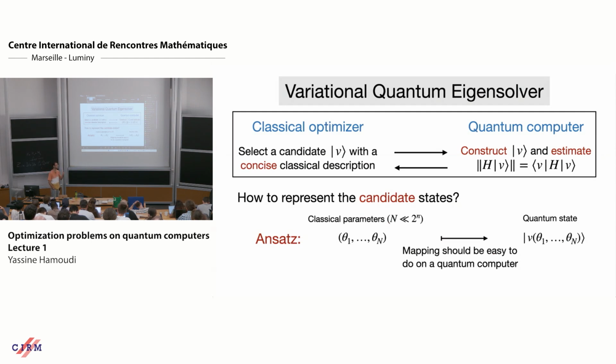An ansatz is a mapping from classical parameters that have been chosen by the classical optimizer to a particular quantum state which is going to be constructed and evaluated on the quantum computer. Of course, you want to have as few classical parameters as possible for the method to be efficient. What we'll see in the next part is one particular example of an ansatz, which is called the QAOA ansatz.